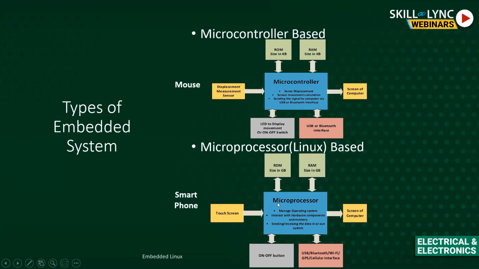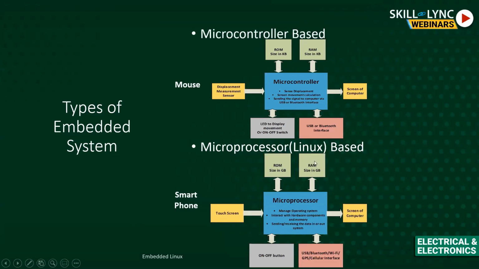So if you go to the microprocessor-based system, predominantly we say it as a Linux-based microprocessor-based system, then for example, in case of smartphone, we have the touch screen as an input, right? We have the same screen of the computer or the smartphone to display the output that we are processing.